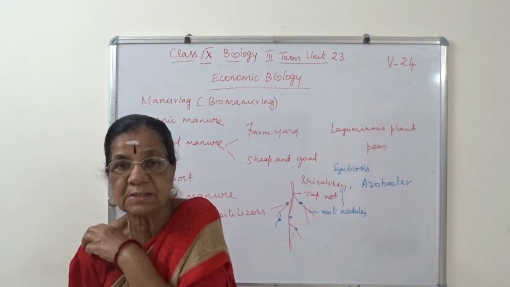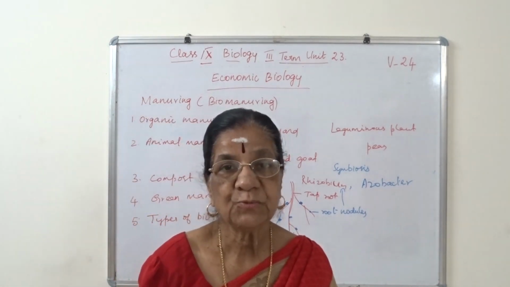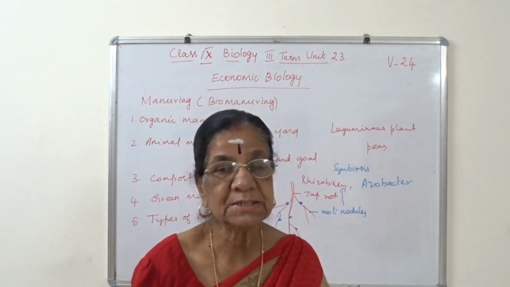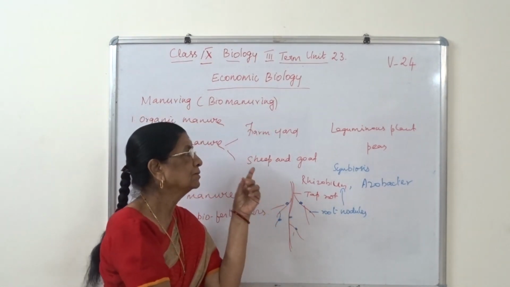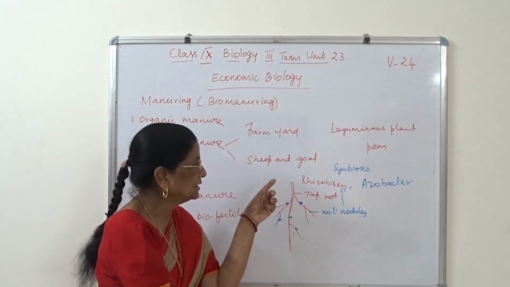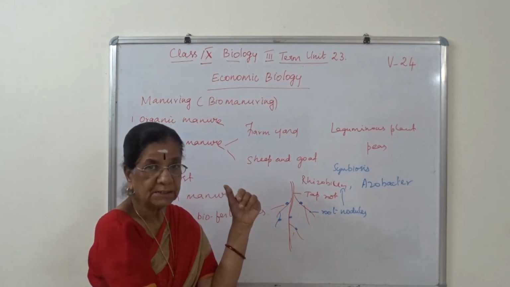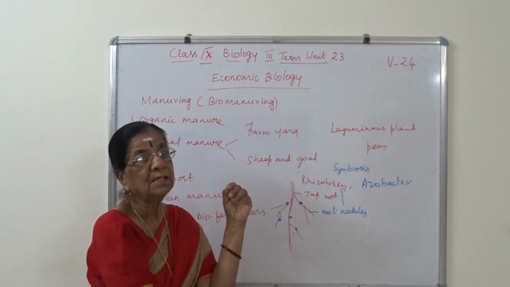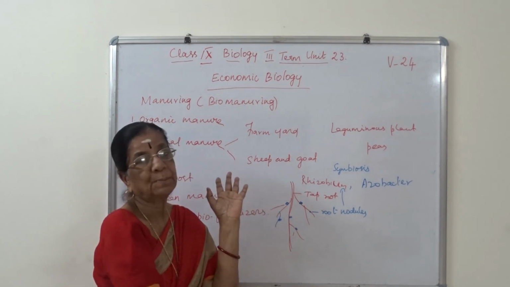So the bacterium Rhizobium fixes the nitrogen for the leguminous plant. Here the leguminous plant gives shelter for the Rhizobium bacteria, and in turn the Rhizobium fixes nitrogen from the atmosphere for the plant.